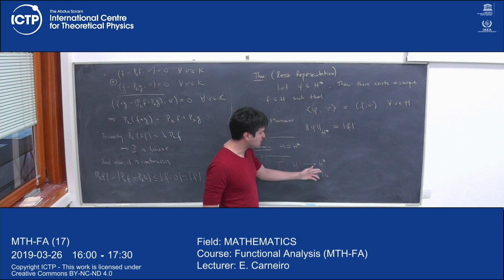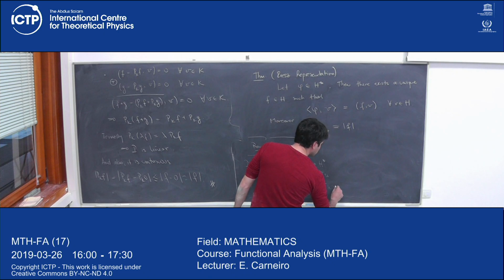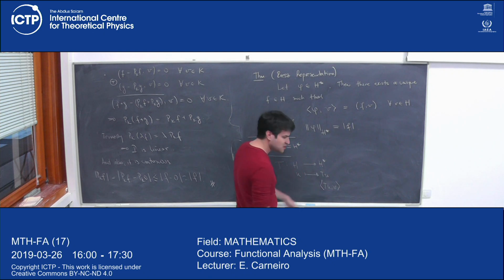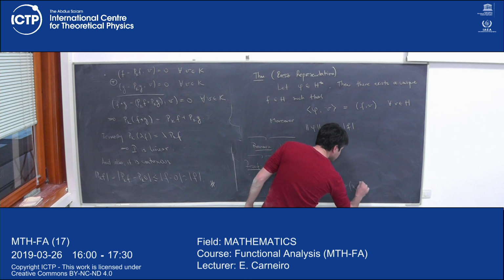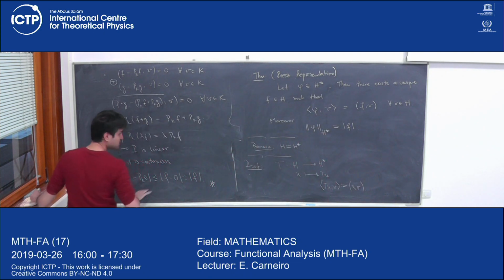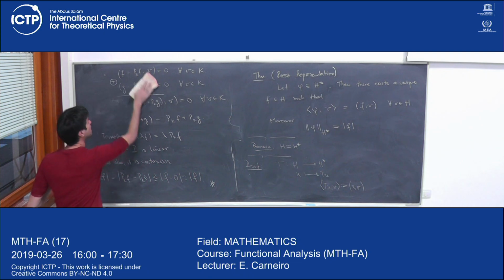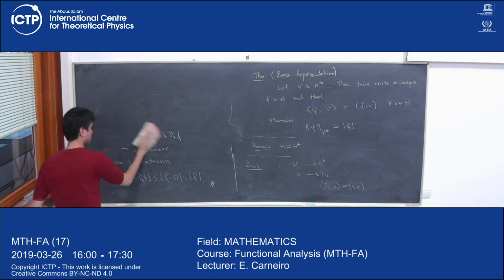Then I have to tell you how Tu acts. I'm going to tell you that Tu acts on v, these are brackets because Tu is in the dual, by just defining it to be the scalar product of u and v. Okay? So this is my map. We will show that this is an isometric isomorphism.